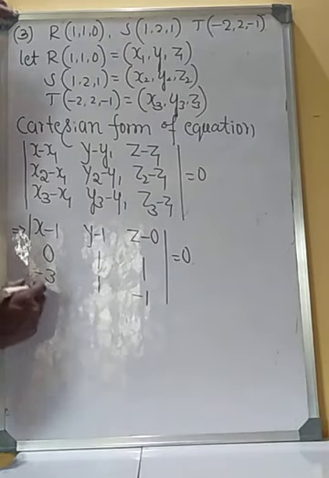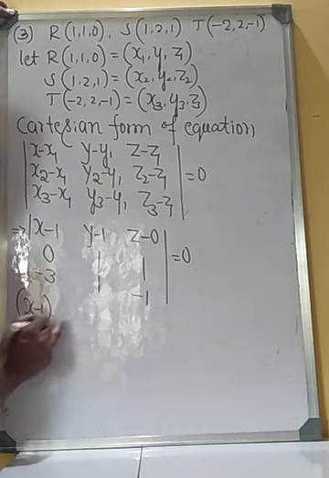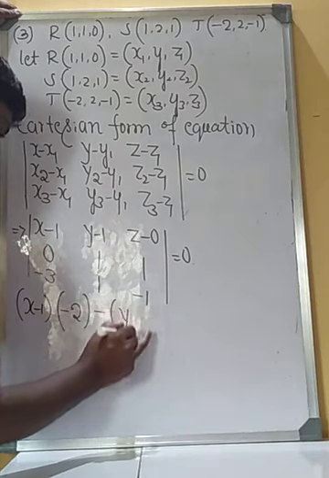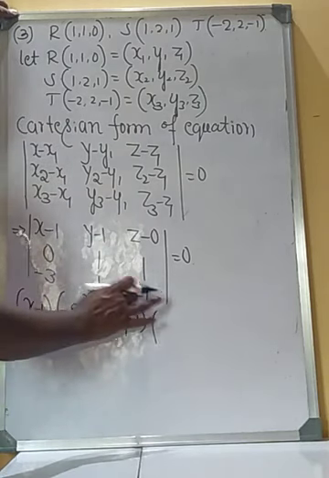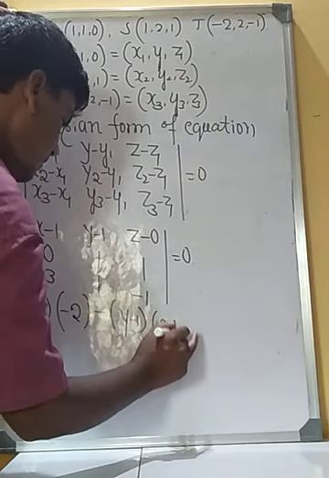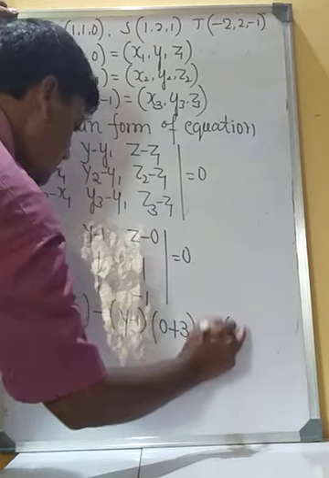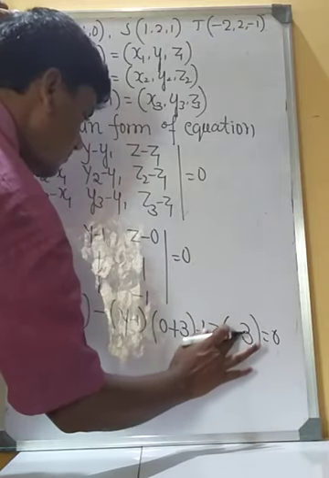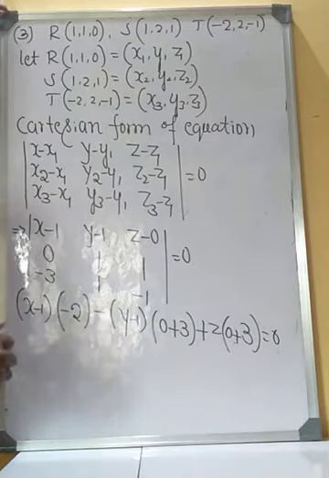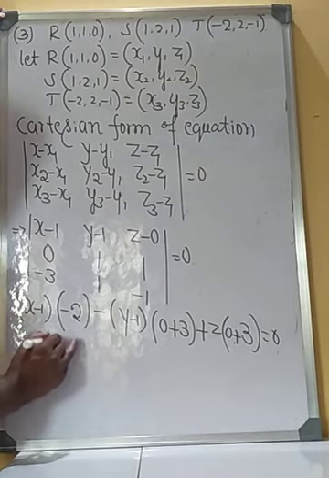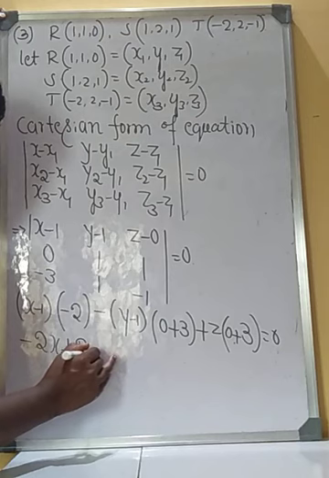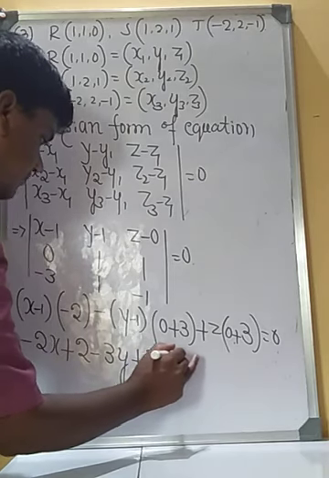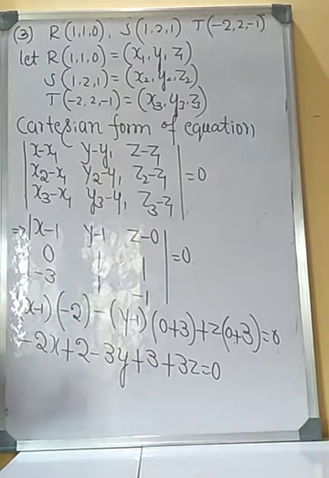Now expanding this determinant: (x minus 1) into (-1 minus 1) minus (y minus 1) into (0 plus 3) plus z into (0 plus 3) equal to 0. Therefore -2x plus 2 minus 3y plus 3 plus 3z equal to 0.